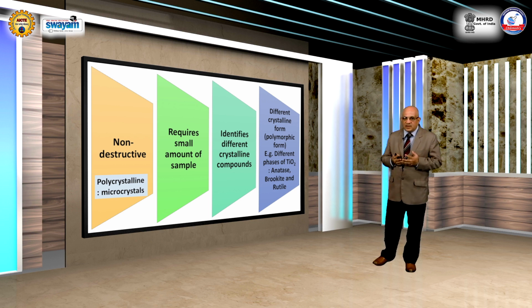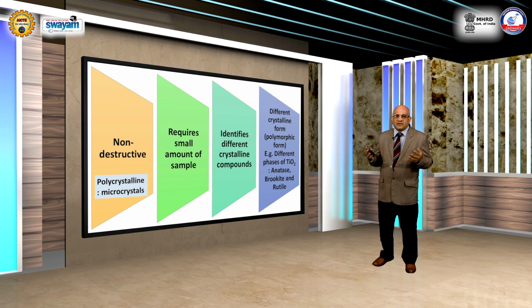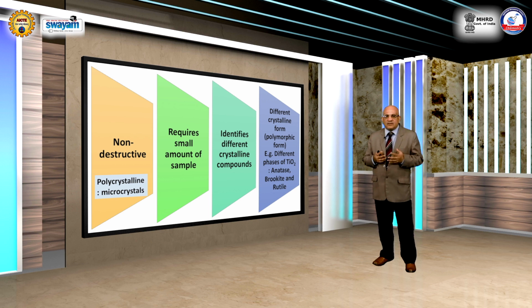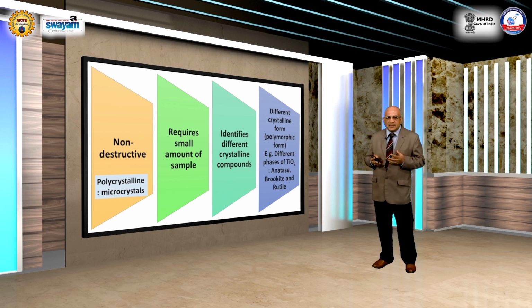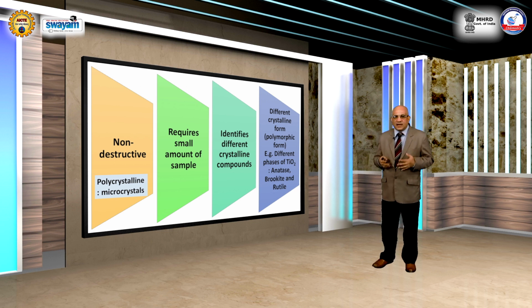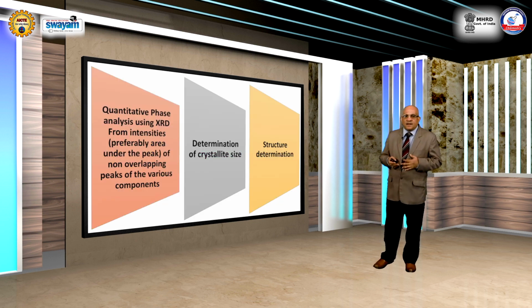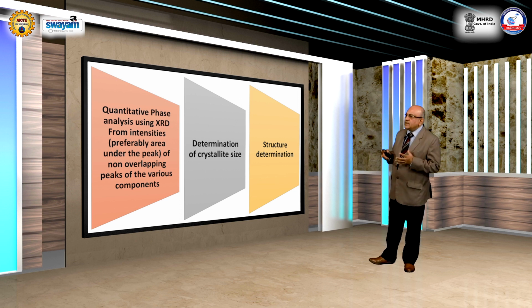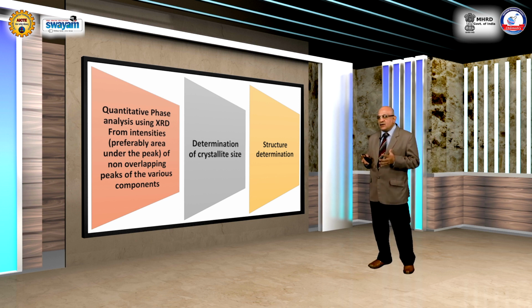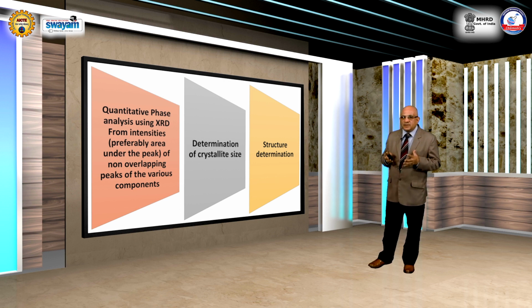For example, say you have different types of titanium dioxide. You can look at the X-ray diffraction of the mixture and say that this is anatase or brookite and rutile, etc. You can do quantitative phase analysis using X-rays, but then the intensities of your reflections should be very accurate.